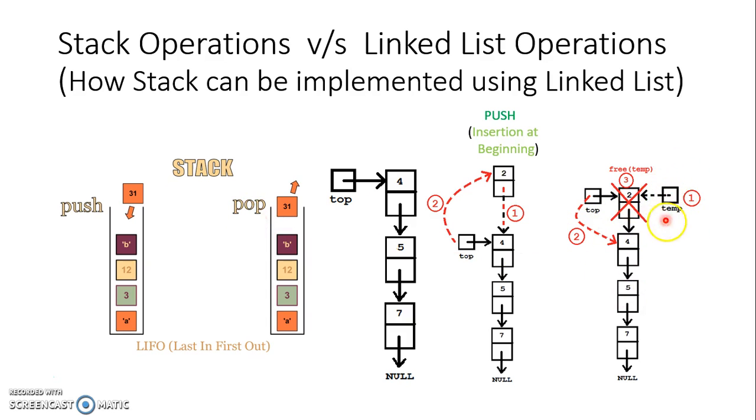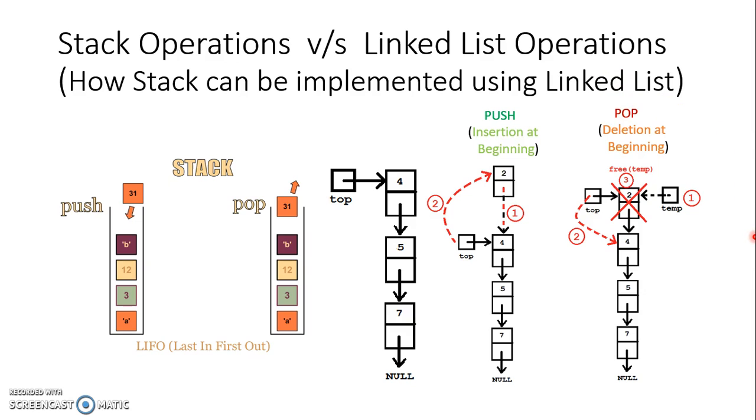Then I have to take a temporary variable pointing to the topmost node, and then I make top point to the second element of the list or of the stack. And so as you can see, now this element is disconnected from the stack and it is being pointed to by temp. All I have to do is deallocate the memory assigned to temp using free of temp. And so deletion at beginning can be considered as pop of stack.